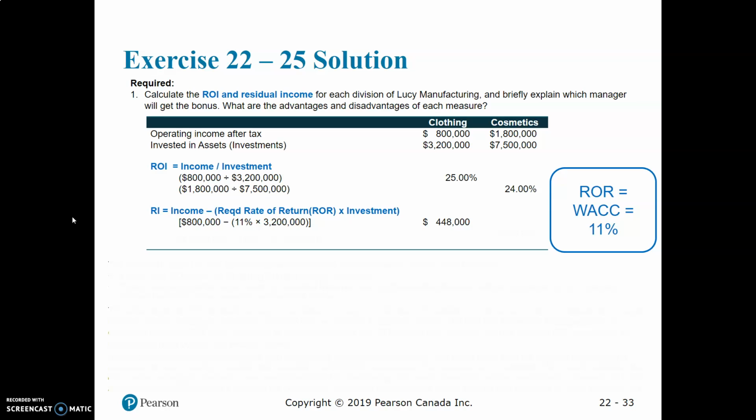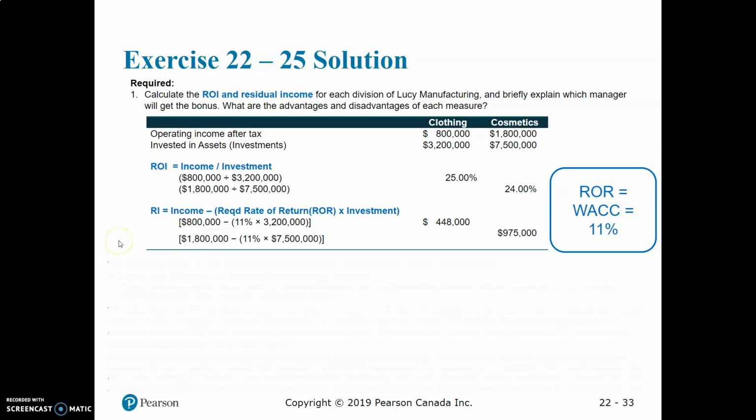Now to calculate RI for the clothing division, we already know the after-tax operating income of $800,000 minus the required rate of return of 11% times the investment of $3.2 million in the clothing division. That gives us the residual income of $448,000 for the clothing division.